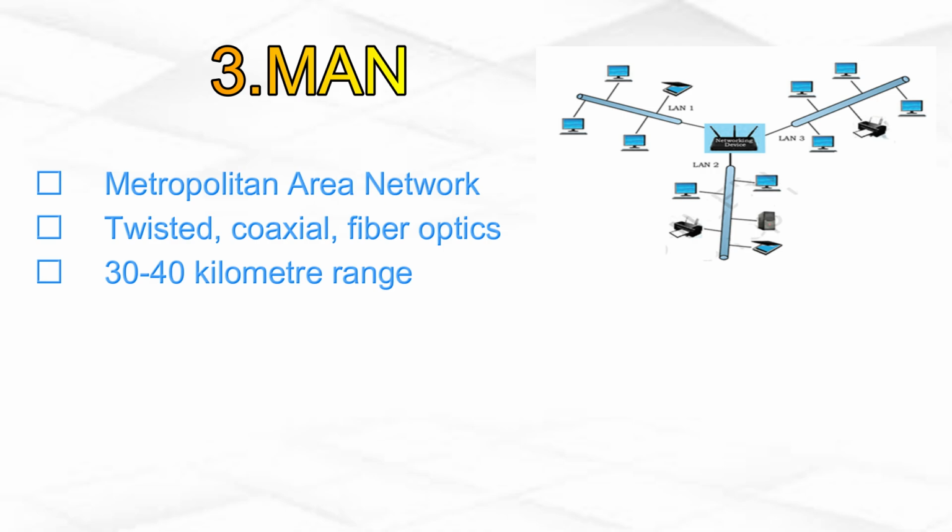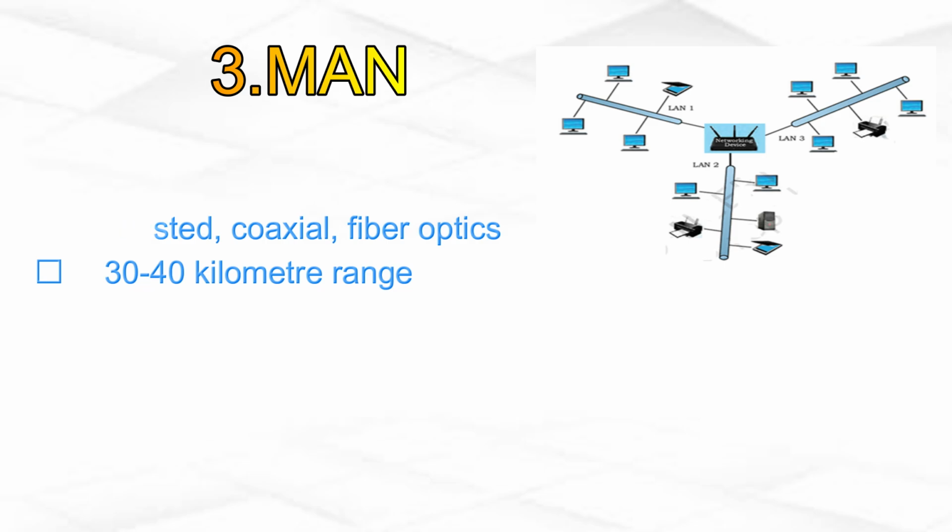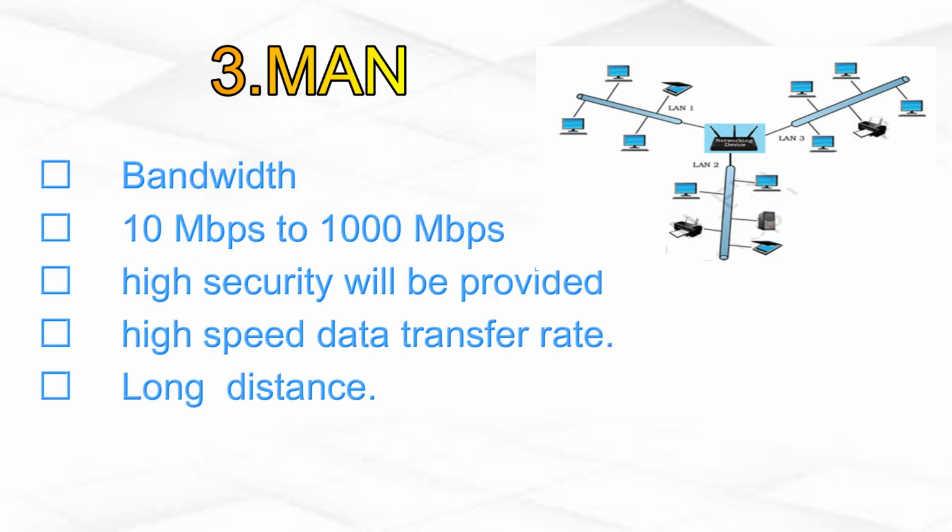To connect these LANs we can again use twisted pair cables, coaxial cables, and fiber optical cables, and we can connect the MAN within a 30 kilometers to 40 kilometers range. It has the same bandwidth as LAN, that is 10 Mbps to 1000 Mbps.